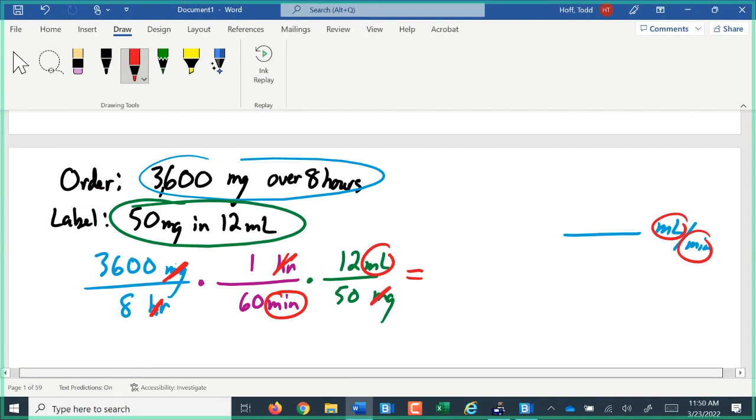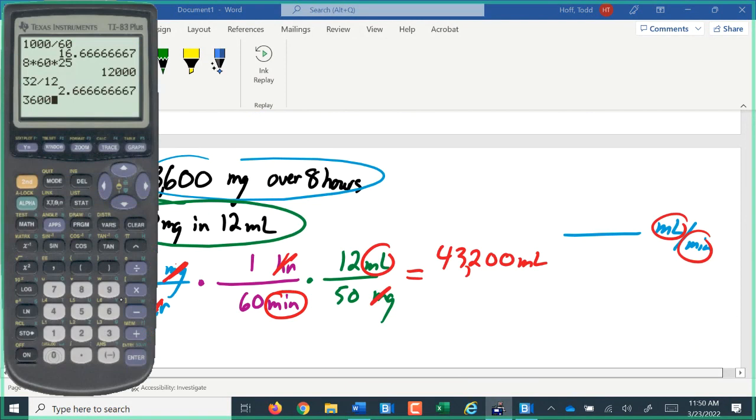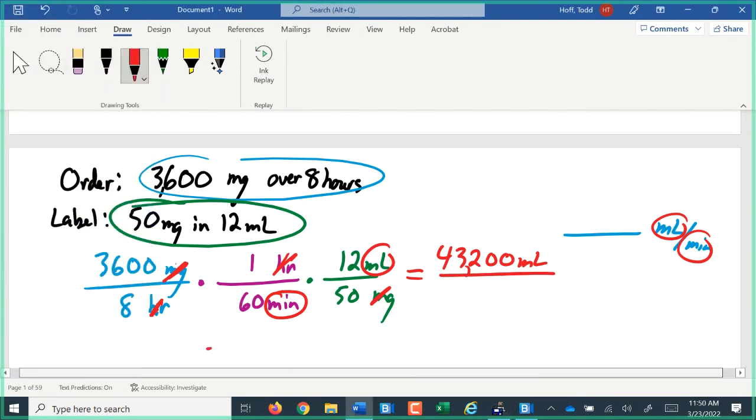3,600 times 1 times 12 milliliters. That's 43,200 milliliters, but I'm going to check it. Cool. Over 8 times 60 times 50, which is, I believe, 24,000 minutes.